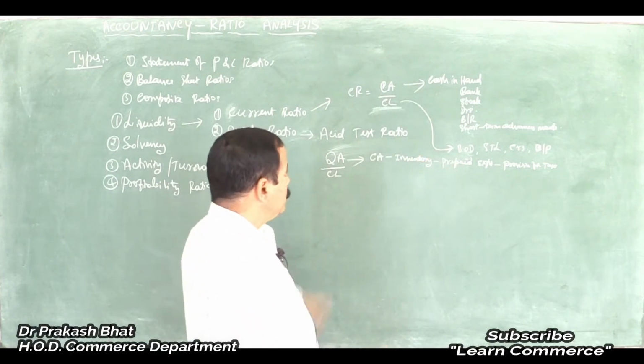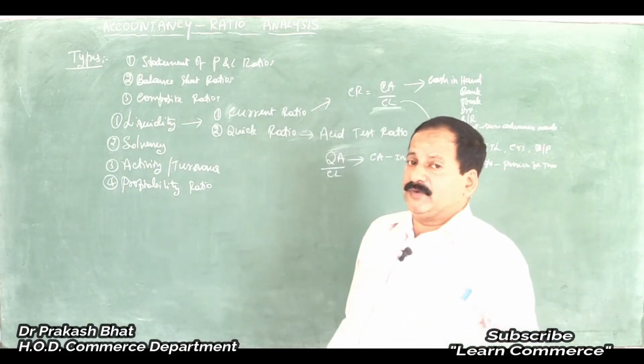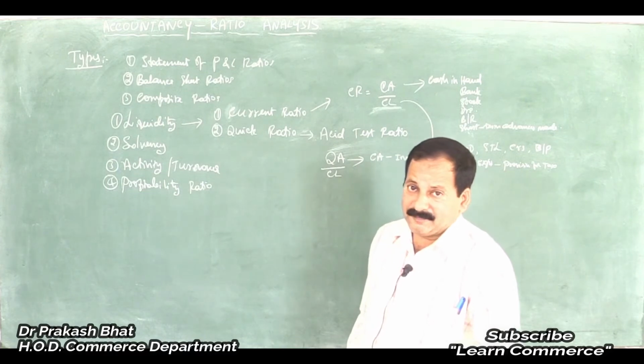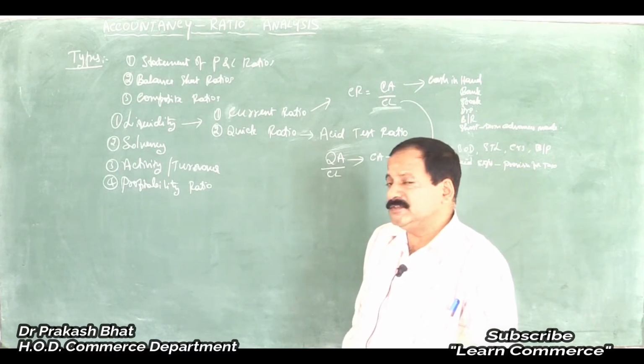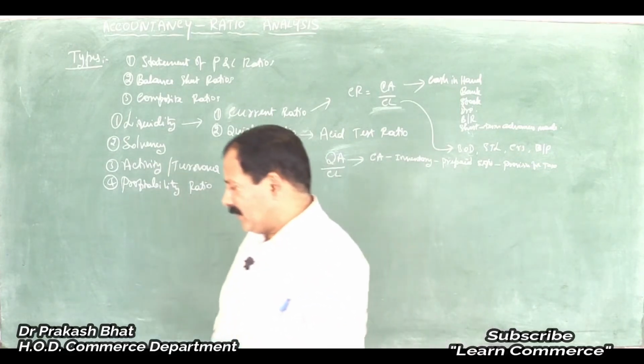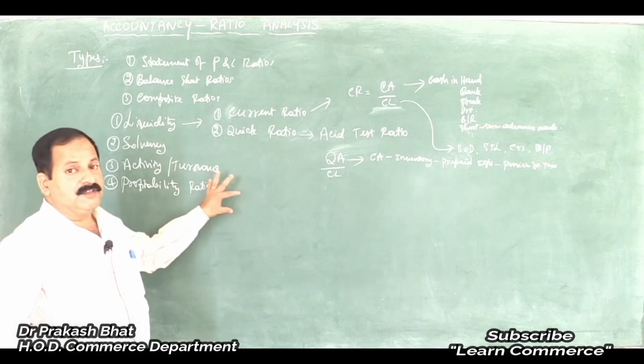As I already told you, we will solve some problems on this, because you will get a 6 marks problem in the board exam. They will give you some figures and ask you to solve a problem from ratio analysis.